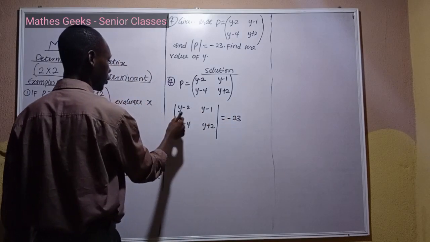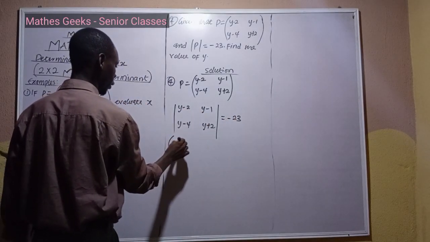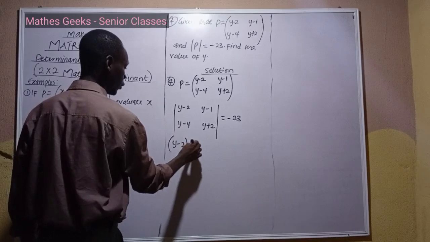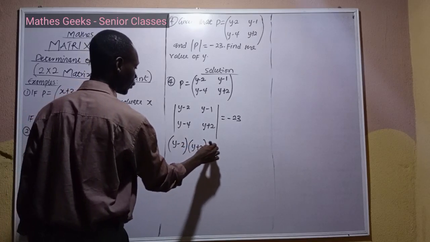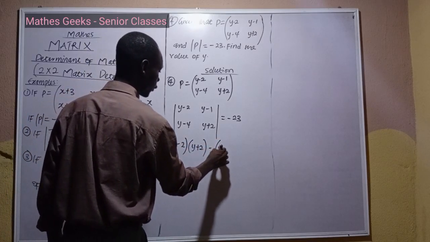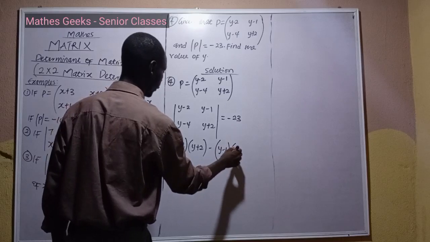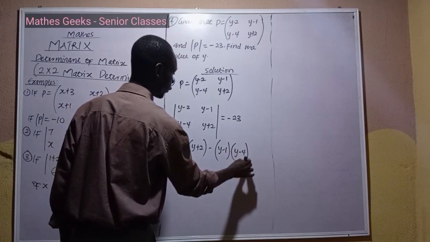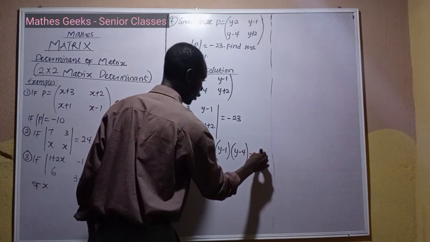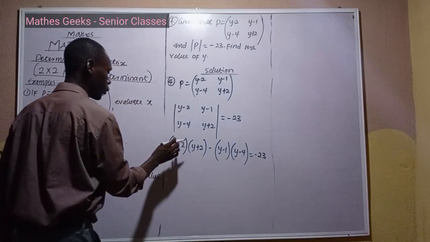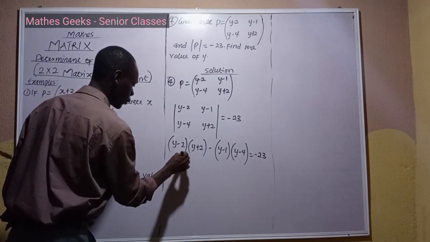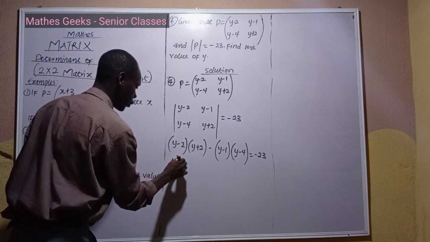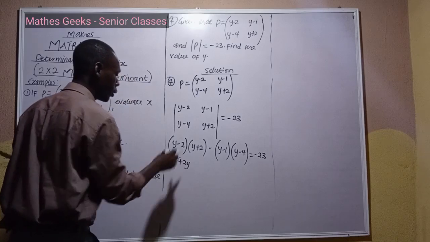So let's look at the determinant. Y minus 2, y plus 2, minus y minus 1, y minus 4. That's equals minus 23. Y times y is y squared. Y times plus 2 is plus 2y.